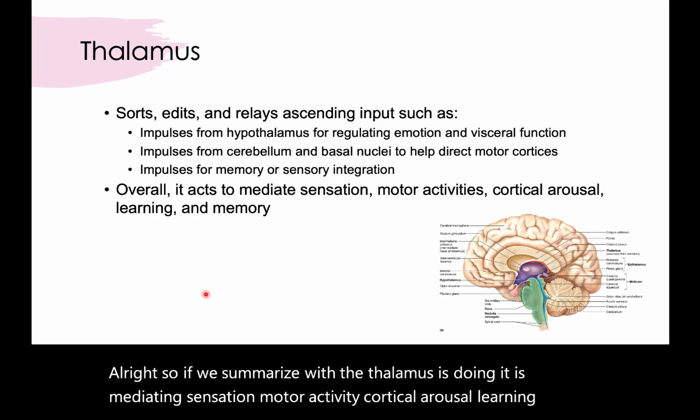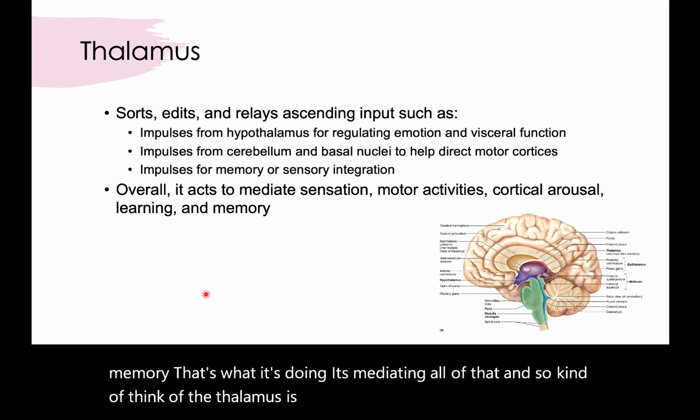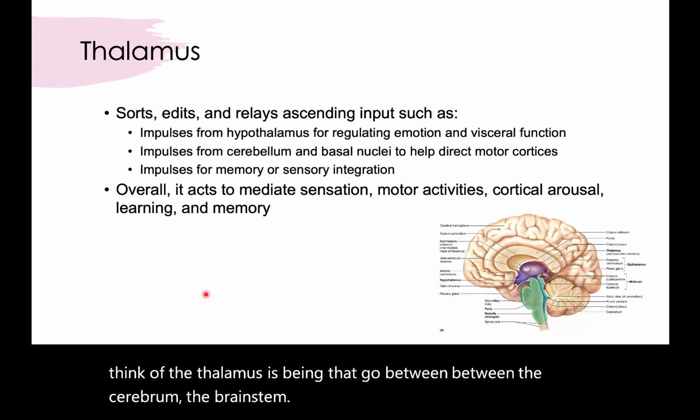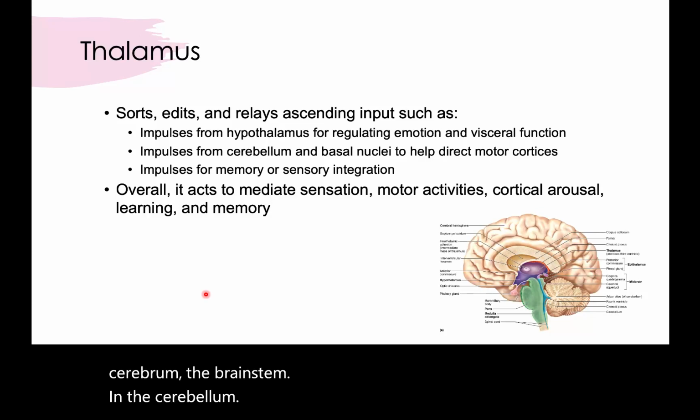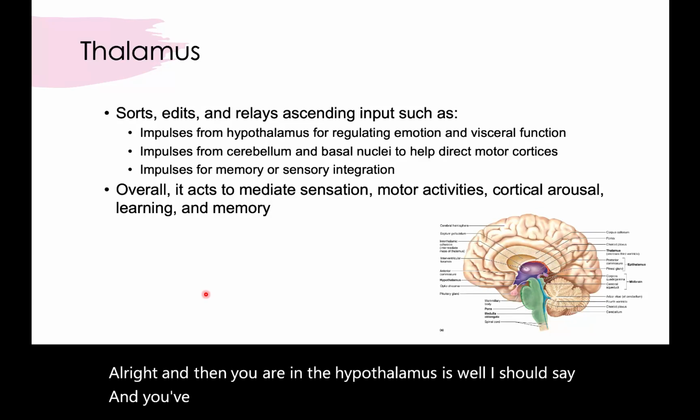That's what it's doing. It's mediating all of that. And so think of the thalamus as being that go-between between the cerebrum, the brainstem, and the cerebellum, and the hypothalamus as well, I should say. And you've got the function of the thalamus.